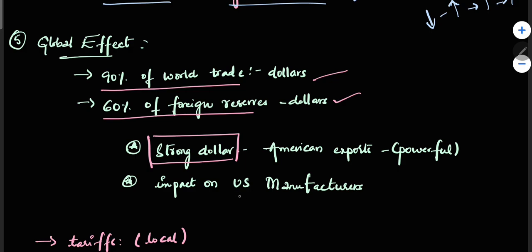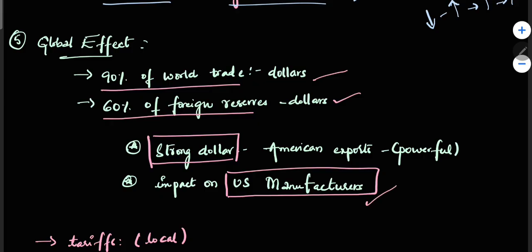That will have an indirect impact on US manufacturers because the dollar strength is more than the local currency and the goods will be costlier. So people will not prefer to buy the costly goods.